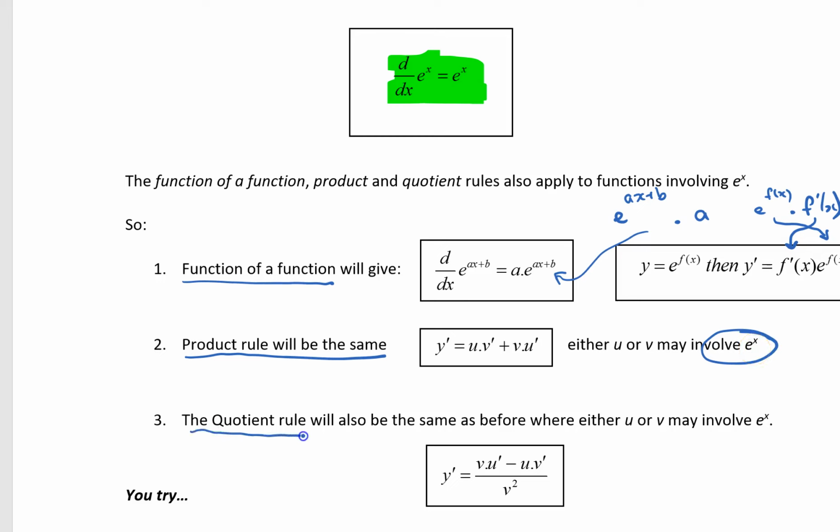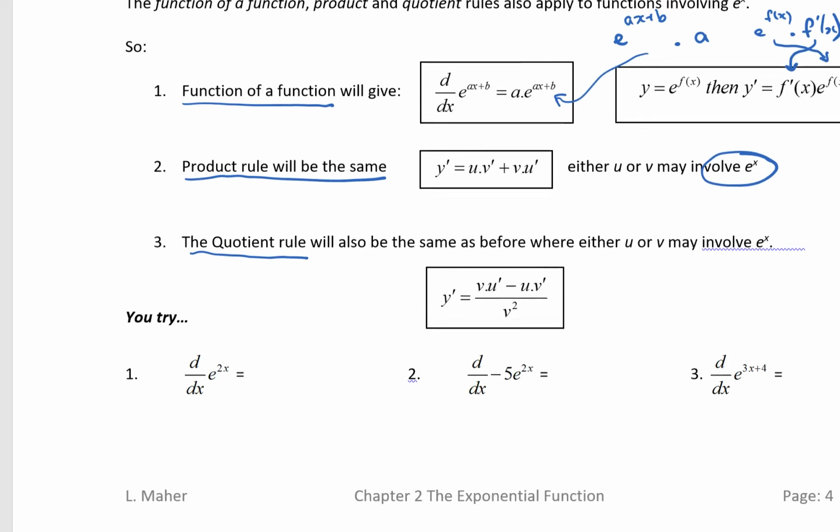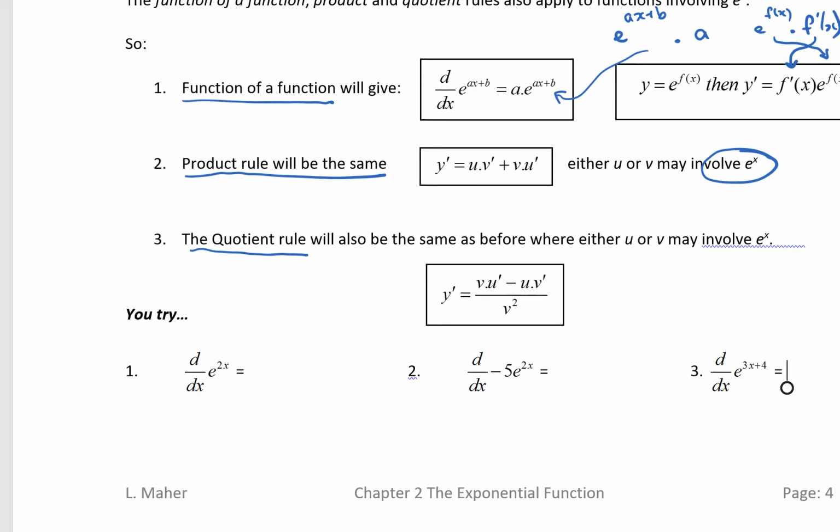And then it probably nicely follows that if the product rule must be obeyed, then the quotient rule must be obeyed. And so we'll have that if you've got y is equal to, remember it's u over v.